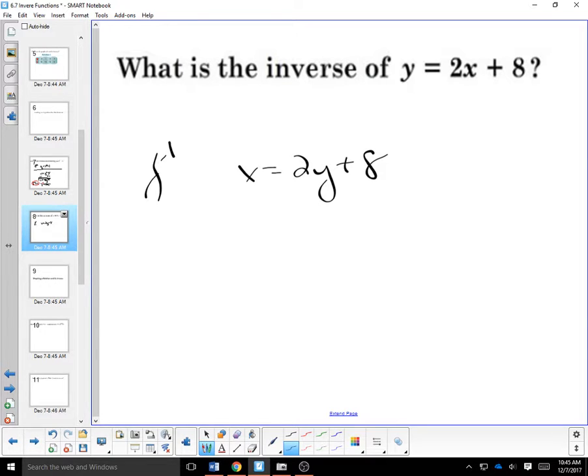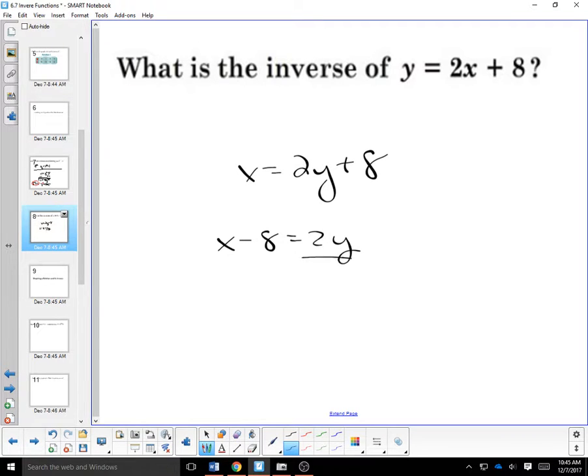So there's my inverse. I just got to fix it, right? Fixing it is not the hard part, because you've been doing that since junior high, right? Solving two-step equations. Oh, this is supposed to be my f inverse. So this becomes x minus 8 is 2y.